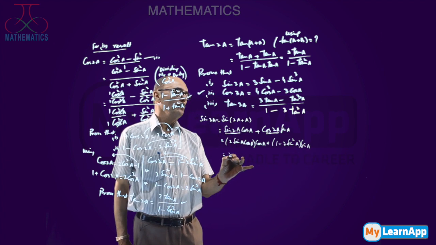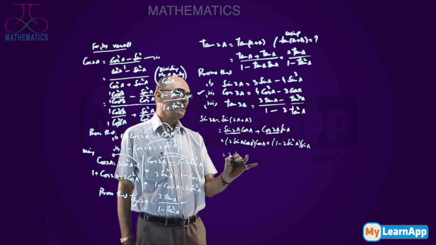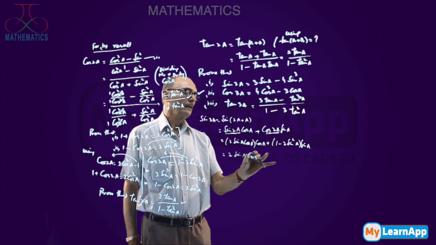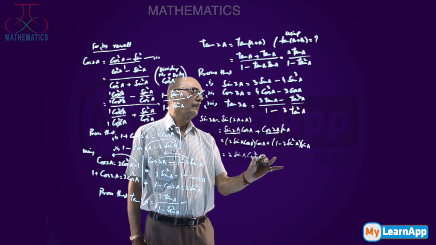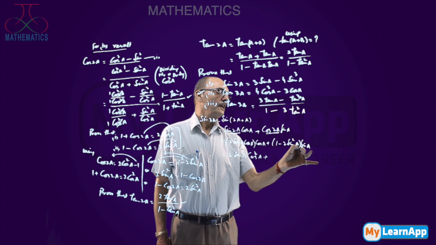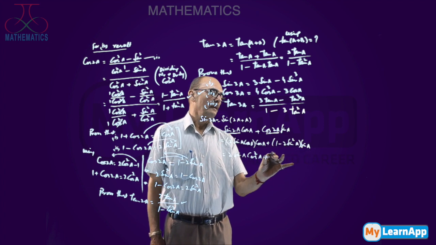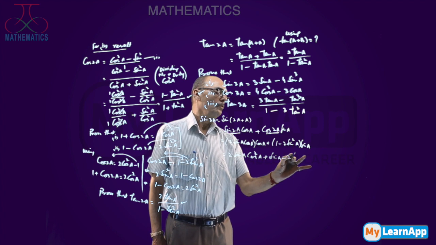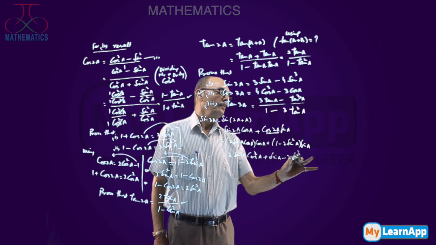Further, this is 2 sine a into cos square a plus sine a multiplied by 1 minus 2 sine square a, that is sine a minus 2 sine cube a.